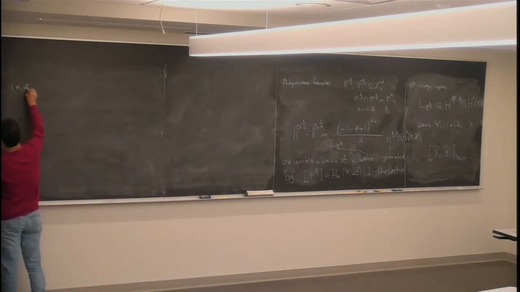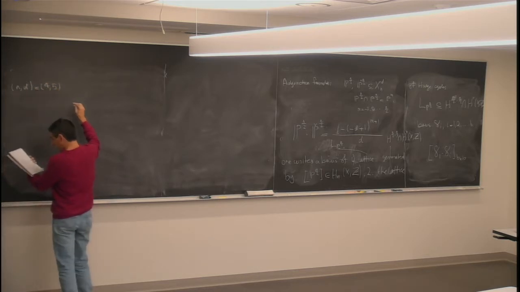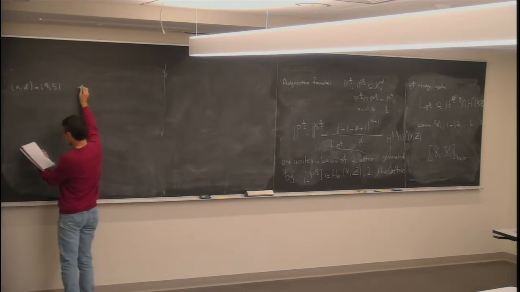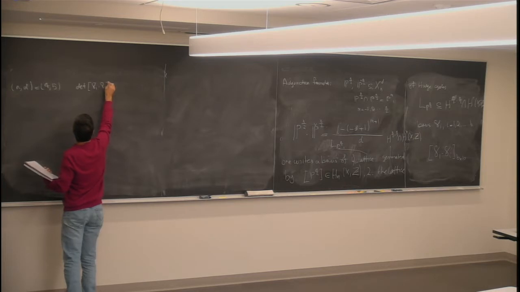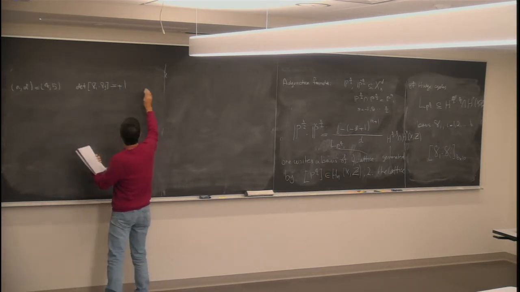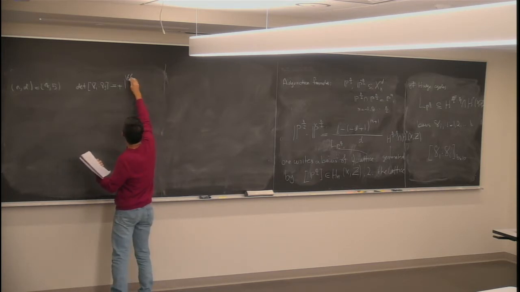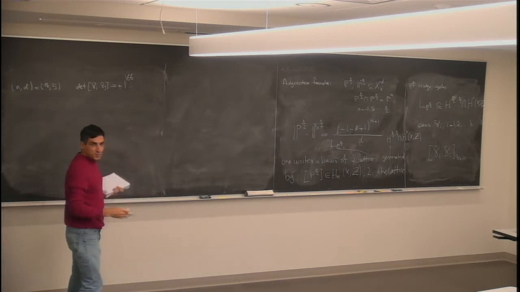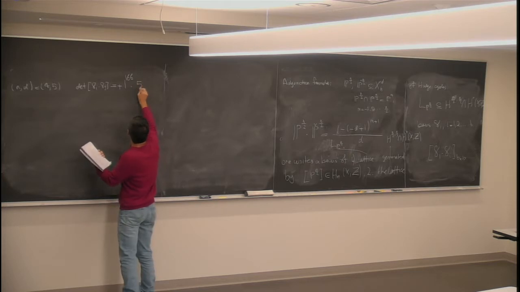For n equals 4, d equals 5, you will get the determinant of this gamma_i equal to 1 times 1 times 6 and so on, which is 1, but in a minute I will explain why I write in this way.